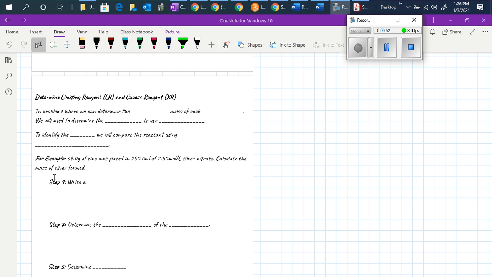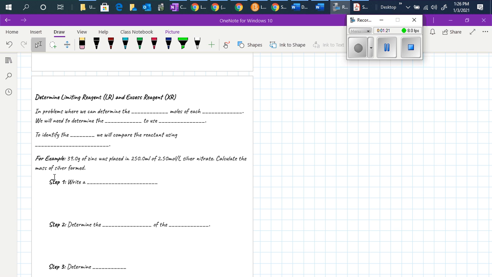When a compound is in excess, that means that when the reaction is completed, some of that compound is not participating in the reaction. And when it is a limiting reactant, then that reactant is fully used in the reaction.